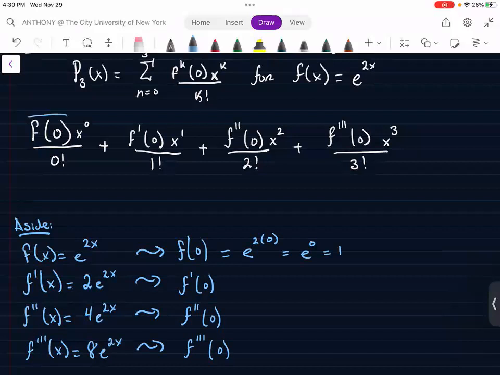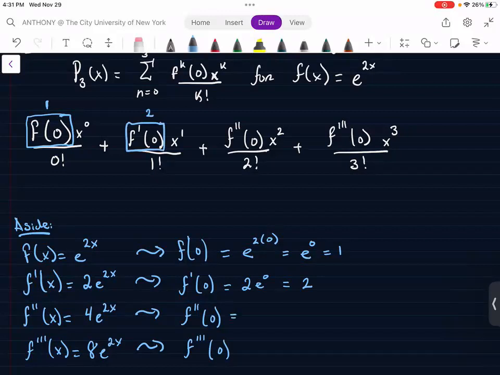So I know this piece, f of 0, is going to be 1. If I evaluate the first derivative, we're going to get 2 times e to the 0 again. That's now going to be 2. So this term, f prime of 0, is going to become a 2.